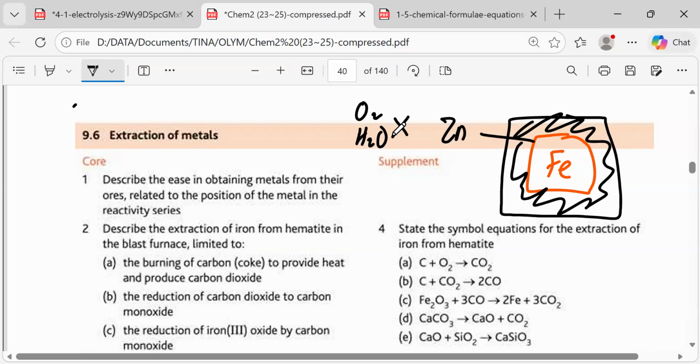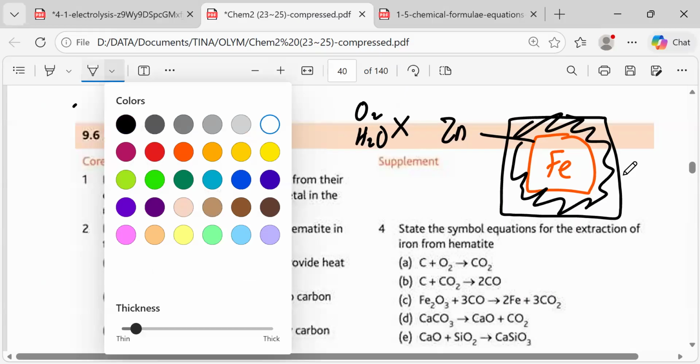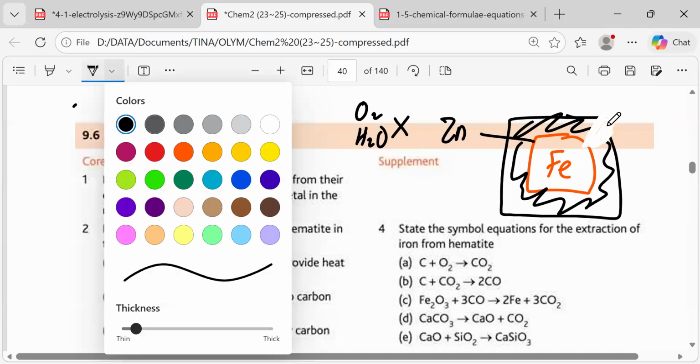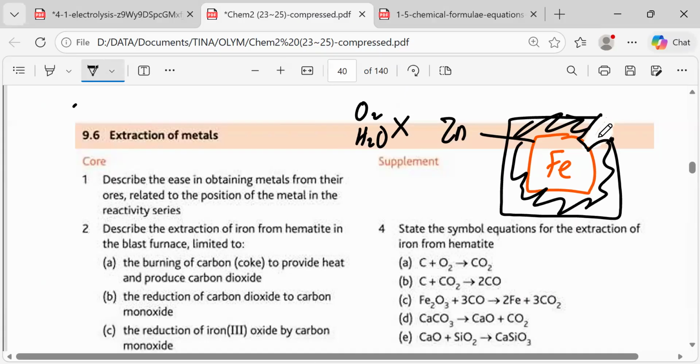Now what happens if the zinc is scratched? So if the zinc is scratched like that, it is now open, exposed.